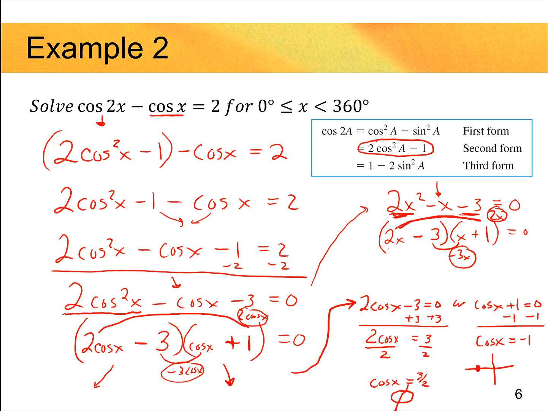Alright, so the only answer here is, x is my variable, so x equals 180 degrees. There it is. There's my answer for example 2. Okay, good. Hopefully you got it. This is solving trig functions by substituting identities or replacing things with identities.